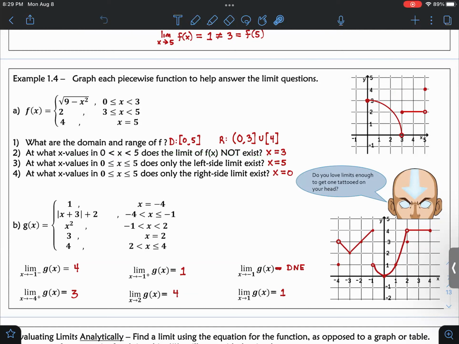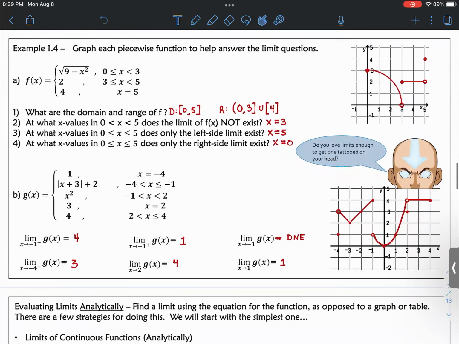There's only one place where that is occurring, where we don't have a limit existing, the same from both sides. That's at x equals 3. At x equals 5, that's the only place from 0 to 5 where we have only a left side limit existing, and then on the other end, only the right side exists at x equals 0.